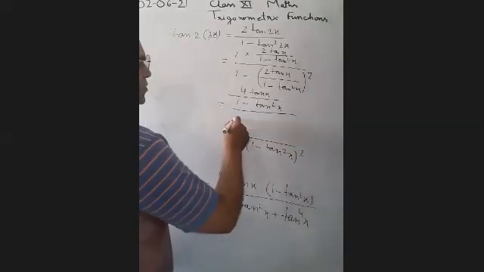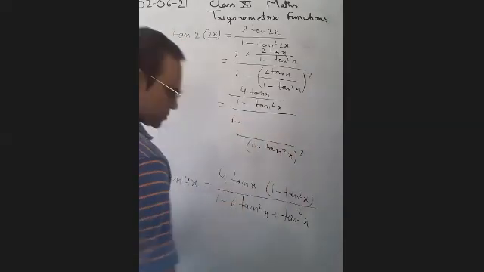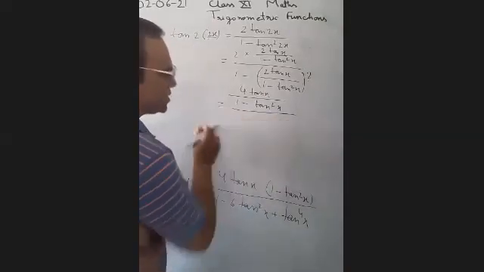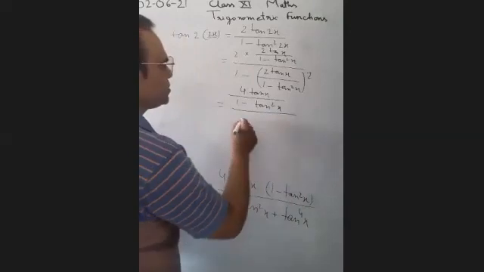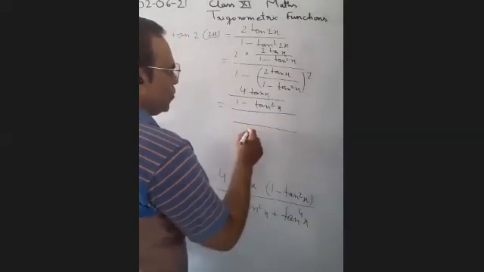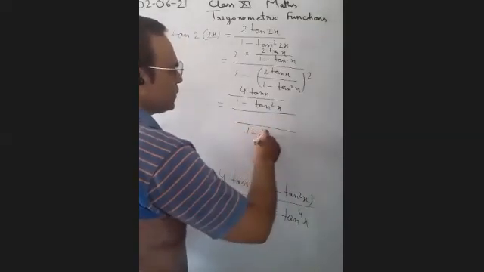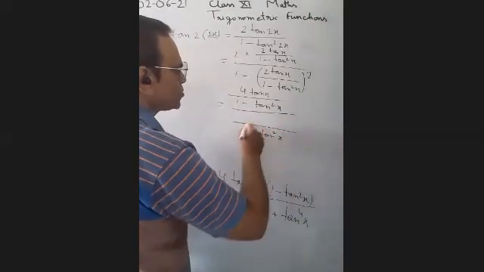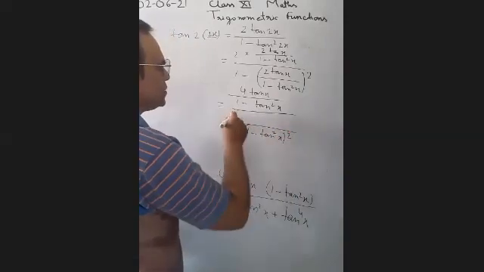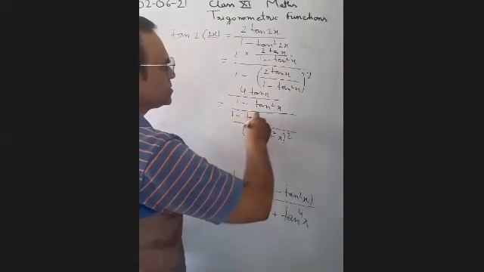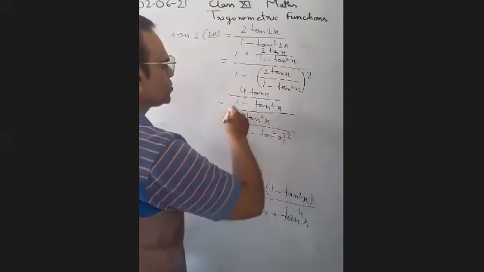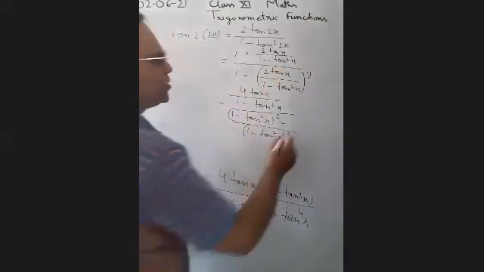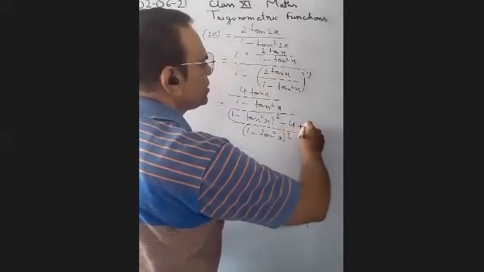If we take the LCM, so 1 minus... I'm just writing again because there is not much space. 1 minus tan square x whole square, we are taking the LCM also. 1 minus tan square x whole square minus 2 tan x whole square, it will be equal to 4 tan square x.